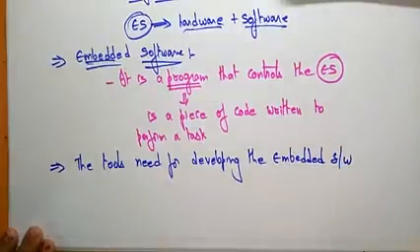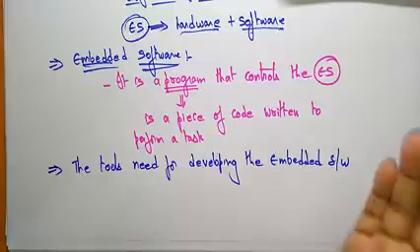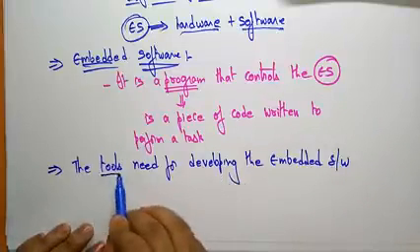So we said that embedded software is nothing but a program which controls the complete embedded system. If you want to design the embedded software, what do you require? You require the tools.